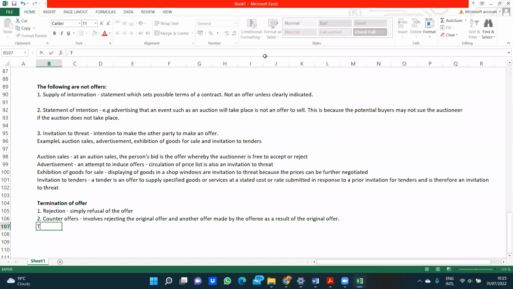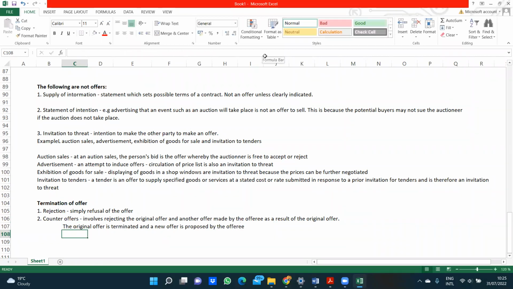The original offer is terminated and a new offer is proposed by the offeree.